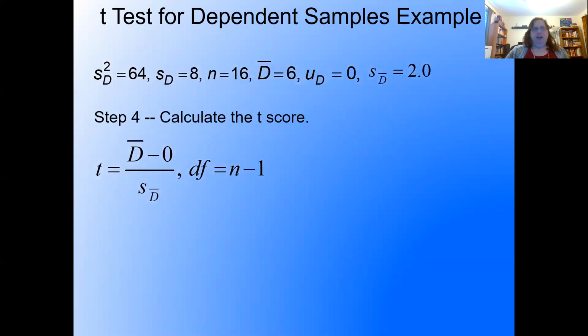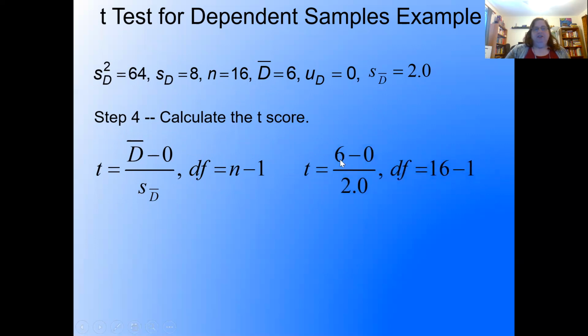Step 4, calculate the t-score. So now I repeat, carrying all this information over. I put in my mu d equals 0 because mu d always equals 0. And I put in my standard error of the difference mean to be 2.0000. Now I can calculate my t-score. I take d bar, or 6 minus 0, over my s of d bar, or my standard error of the difference mean, 2.0. And my df is n minus 1, or 16 minus 1.